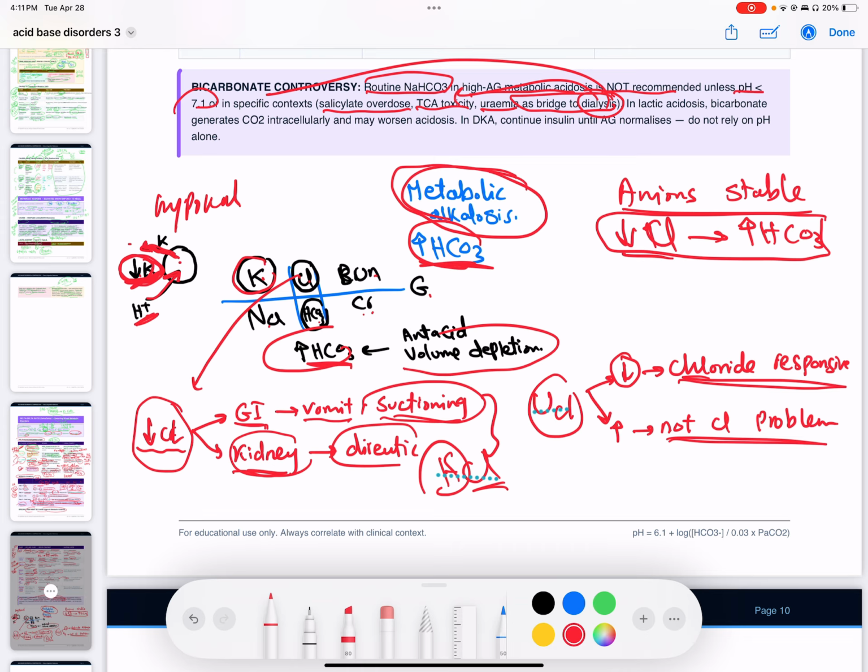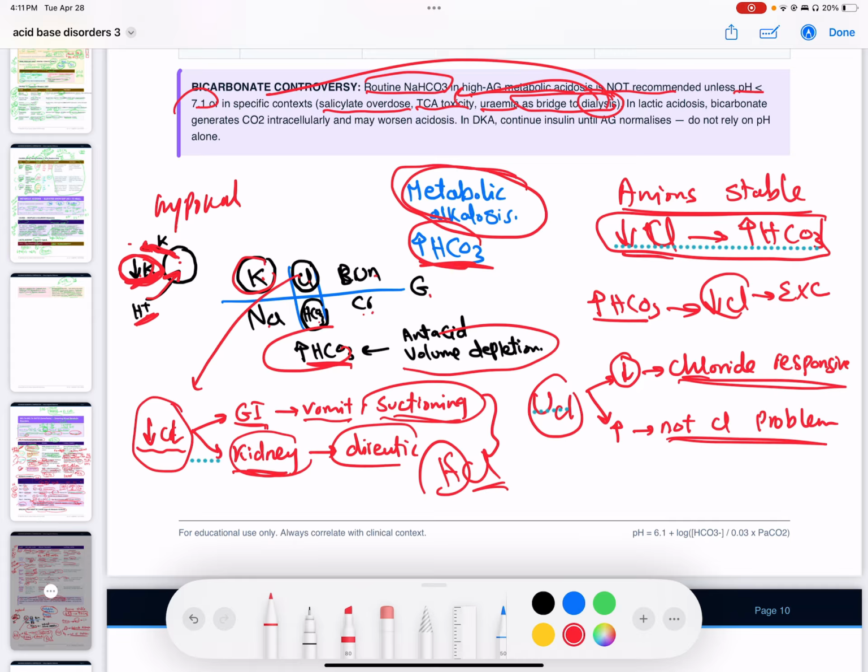That's weird. Why? Because normally, if you have metabolic alkalosis, you have high HCO3. So what's the response to high HCO3? You will try to decrease the chloride. How? You excrete it.